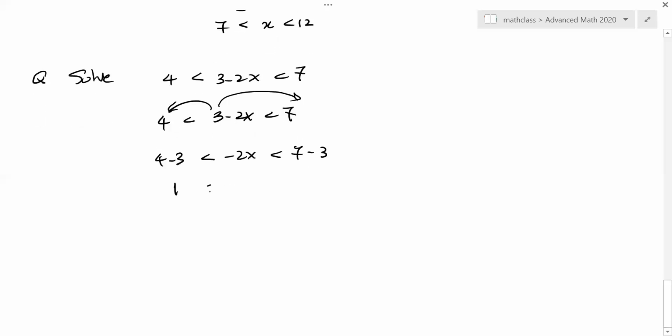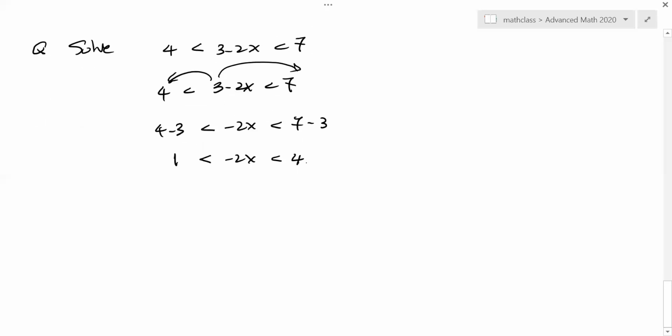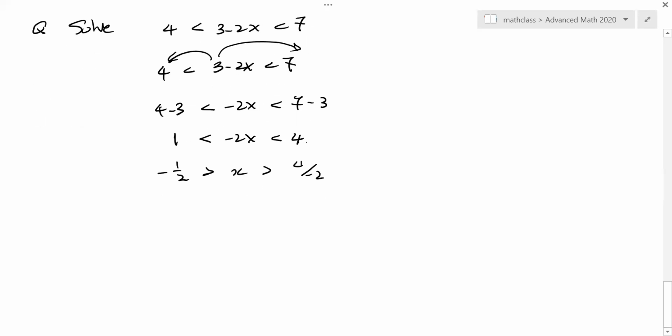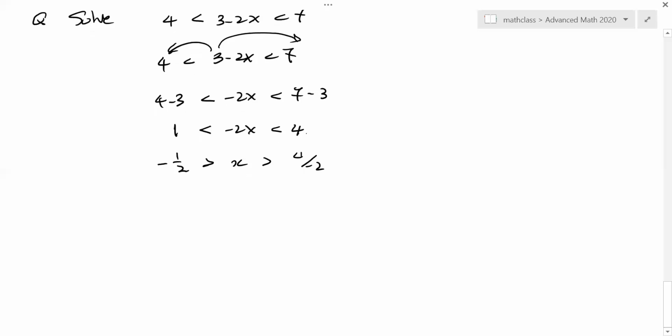Then I have 1 less than negative 2x less than 4. Then be careful when you divide by negative 2. When you divide by negative 2, you have to change the direction of the inequality. So it will be negative 1/2 greater than x greater than negative 2.